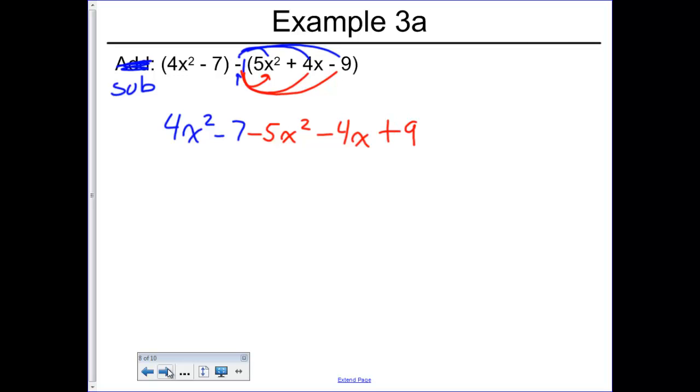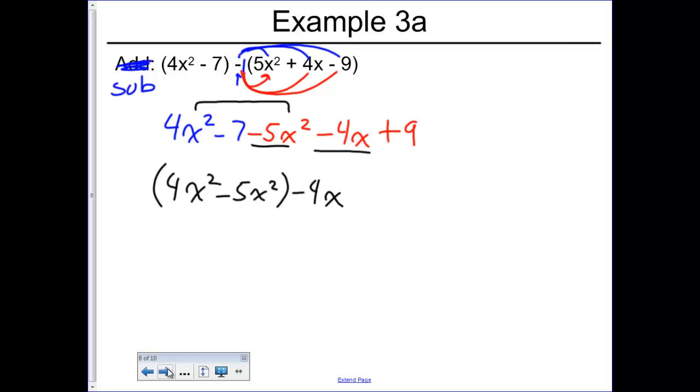Now to continue doing this horizontally, I'm just going to combine my like terms. I have a 4x squared, and that's a minus 5x squared. Look for regular x's. Well, I have a regular x right here, which is just minus 4x. And then I got a negative 7 and a positive 9.